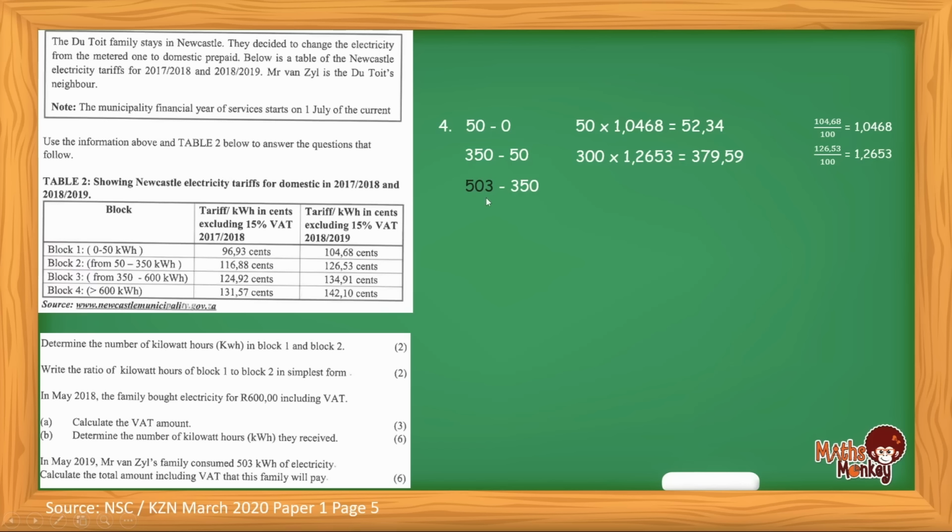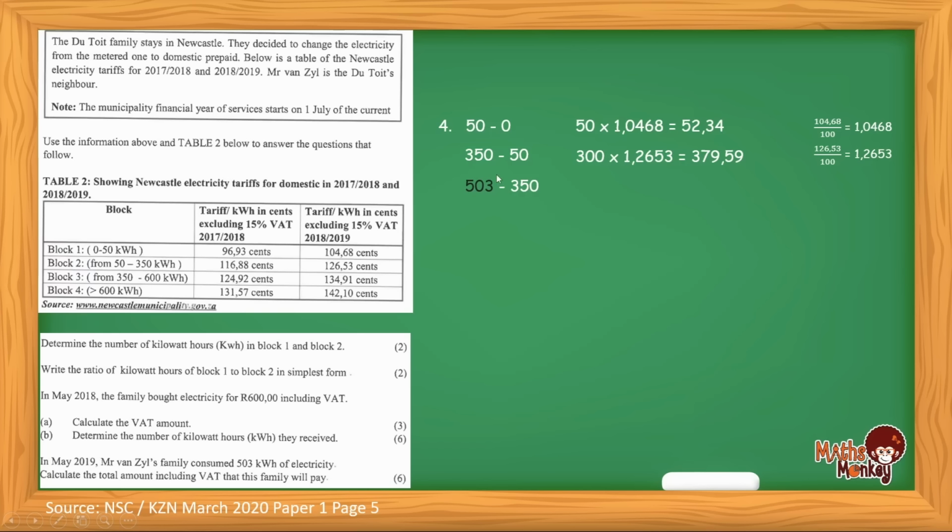Now I mark this next one in black because this last one will always have whatever the amount is in the question. The question asks for 503, and 503 is actually going to fall in block 3. If you just think about it, guys, 0 to 50, 50 to 350, 503 falls in the third block. So I need to do the calculation in the third block, but I didn't use all of the electricity in the third block.